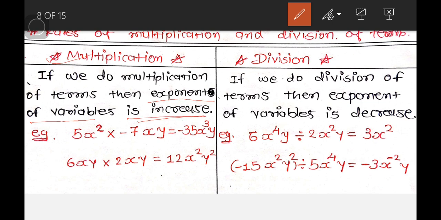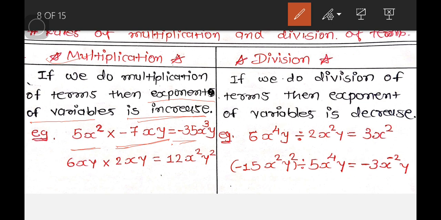For any two terms, if we multiply one term by another, then the exponent of the variable increases. Here is a given example, 5x square multiplied by minus 7xy. First we multiply 5 and 7, which gives 35. Both terms have different signs, so we put a negative sign.